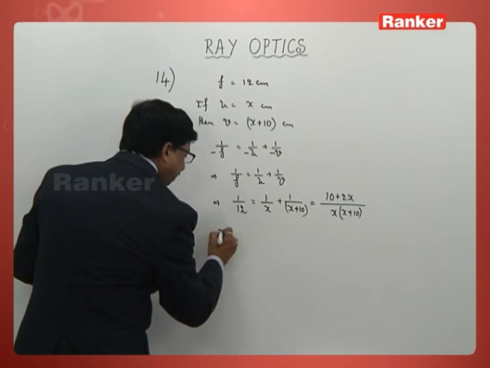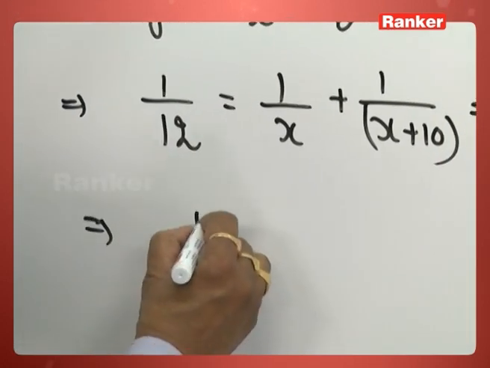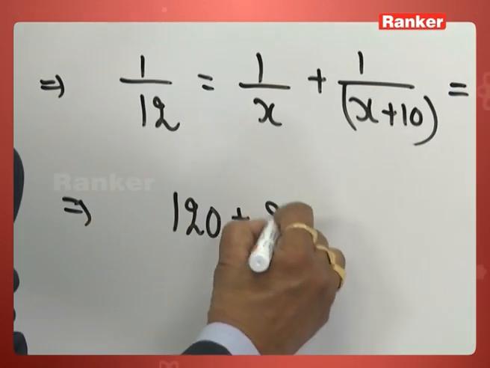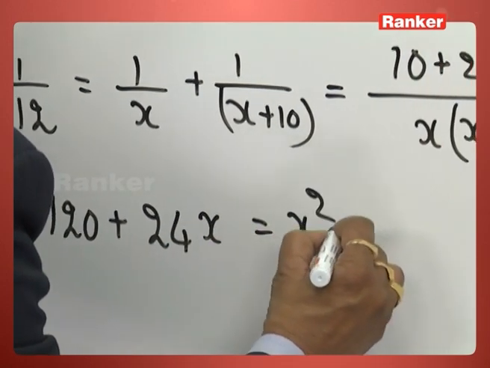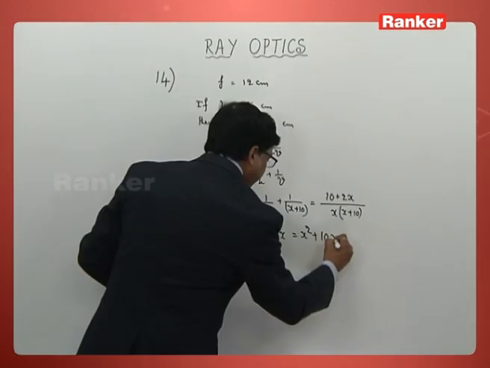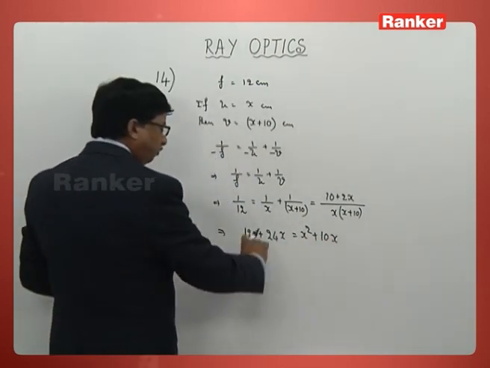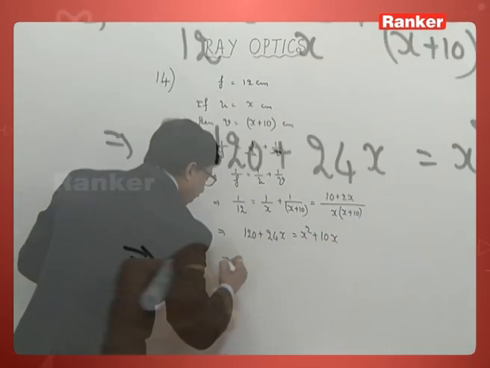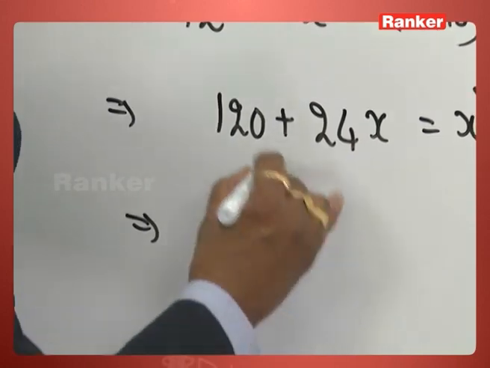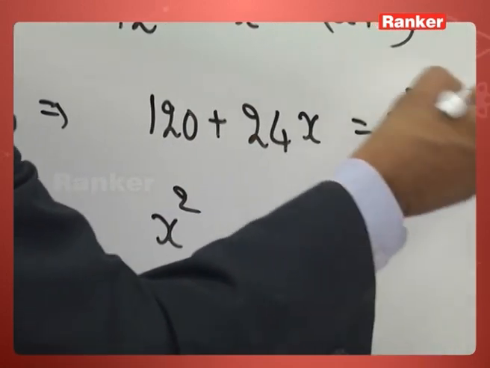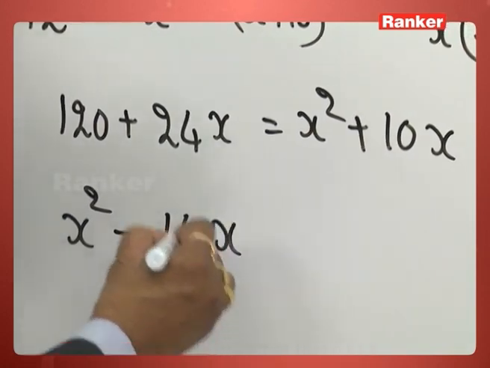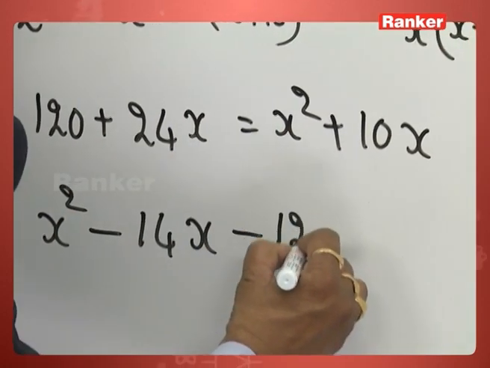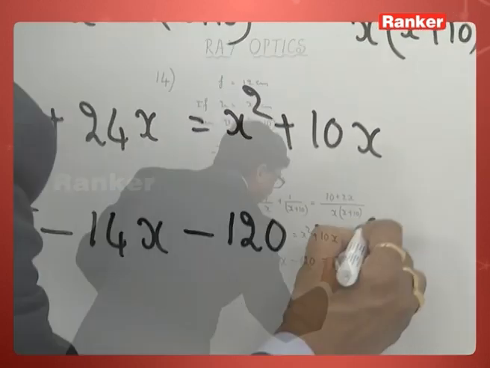Now cross multiply this one, you will get 120 plus 24x is equal to x square plus 10x. Now bring these to the other side. You are left with x square minus 14x minus 120, which is equal to 0.